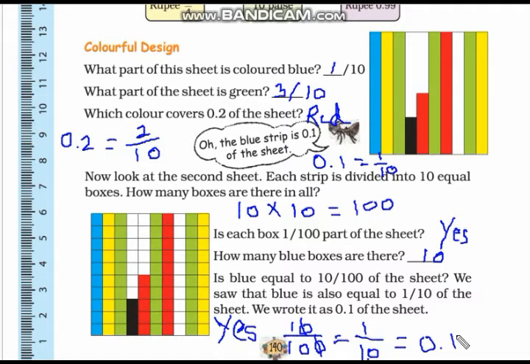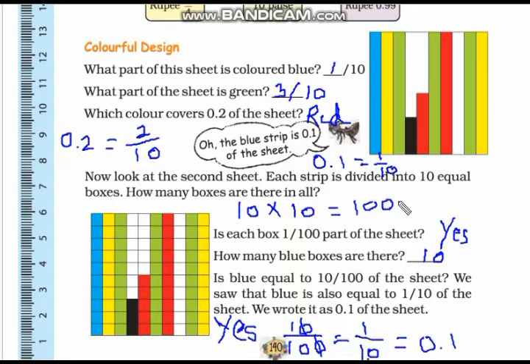So these are all equal: 10 upon 100 is equal to 1 upon 10 is equal to 0.1. That means we can write 10/100 of the sheet is blue. So 10/100 part of the sheet is colored blue, or 1/10 part of the sheet is colored blue, or 0.1 of the sheet is blue.